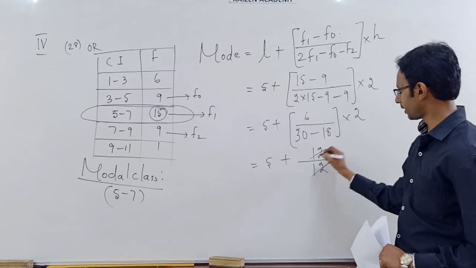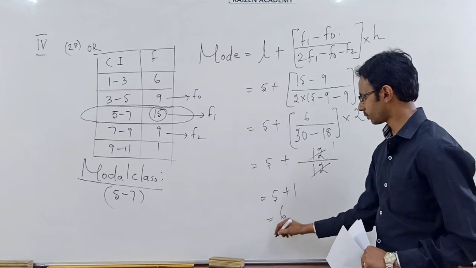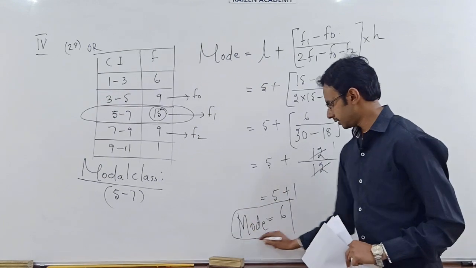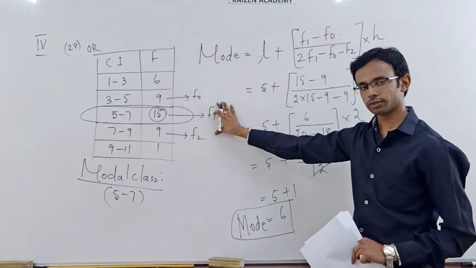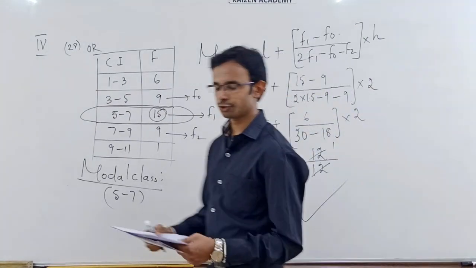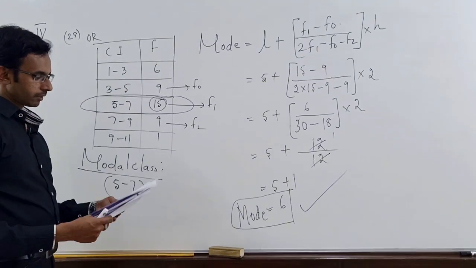So 12 divided by 12 goes one time. So you get 5 plus 1, 5 plus 1 is 6. So this is the value of mode. If you opted for mode and this formula was utilized and substitutions were done like this, then mode would have been 6. So the easiest of these two, mean and mode, you might have got 3 marks easily.